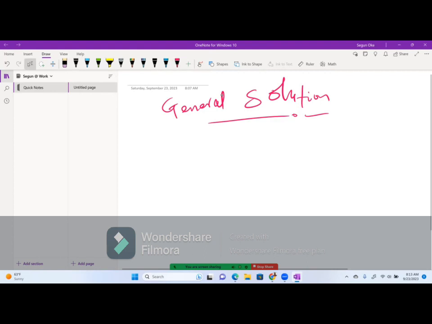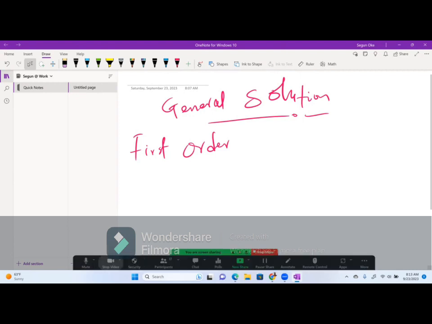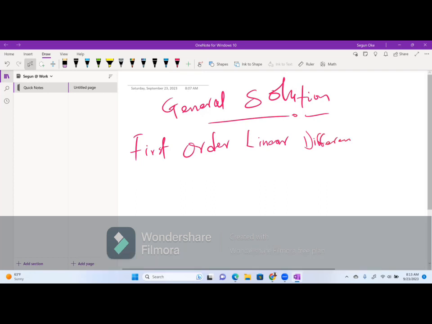Under this, we have first order linear differential equation. First order differential equation.